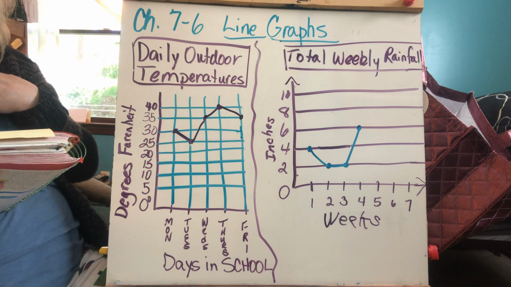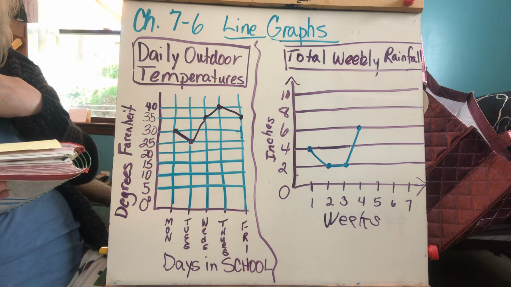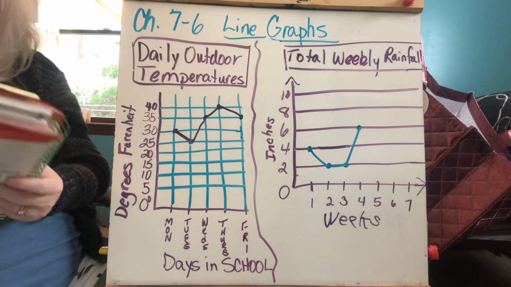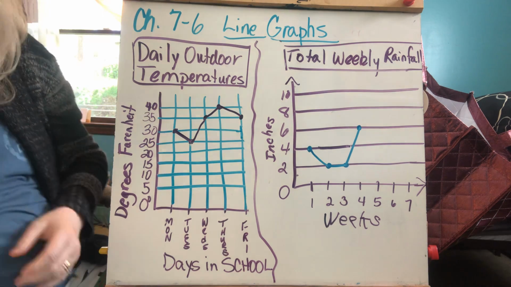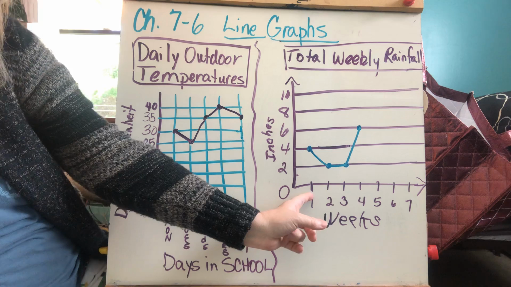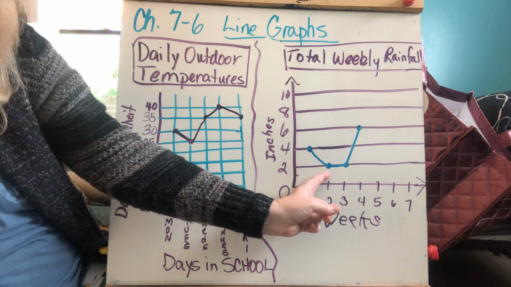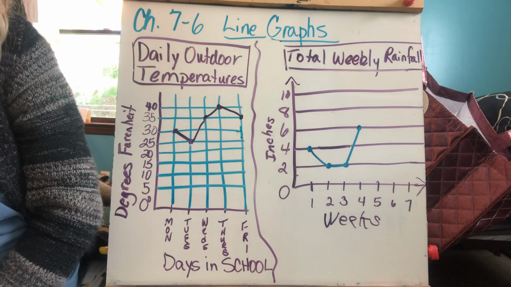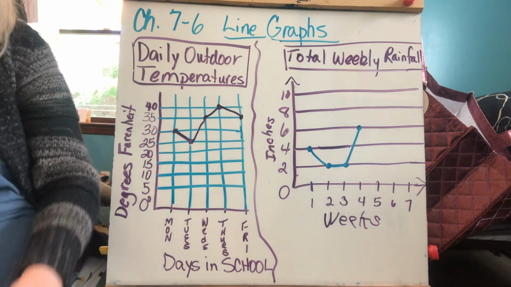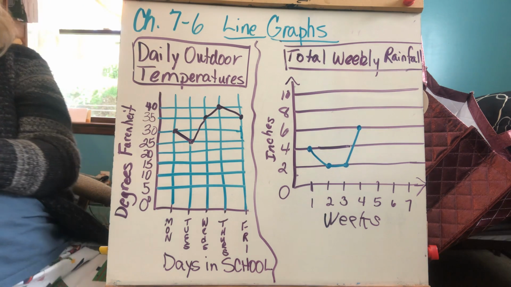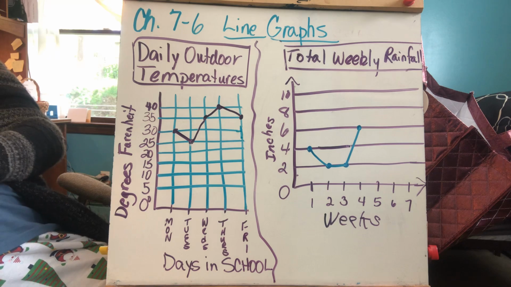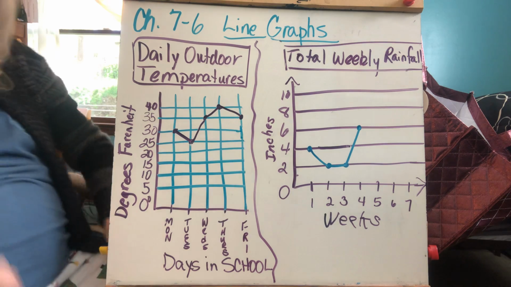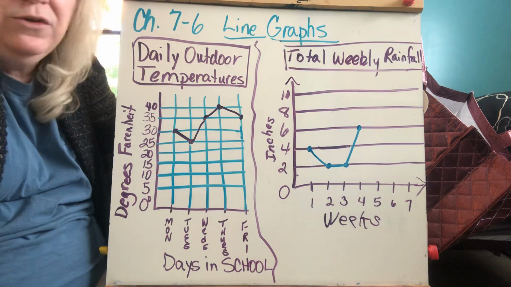And number 7, explain what happened to the rainfall between the first and second weeks. So look at that. What happened between weeks 1 and 2, from here to here? Right, it decreased. Now, what happened between weeks 2 and 3? Did it increase or decrease?